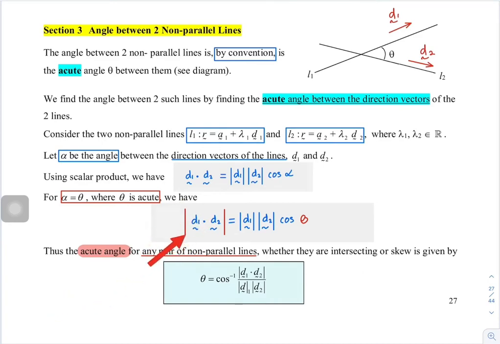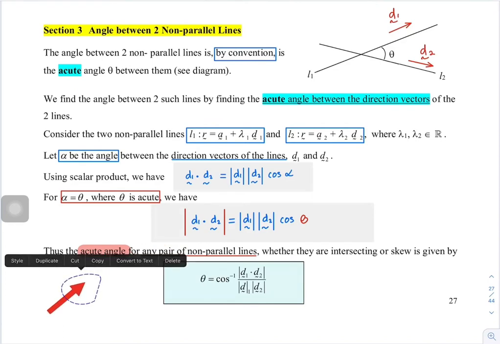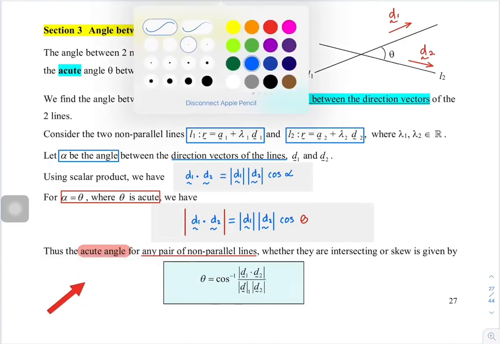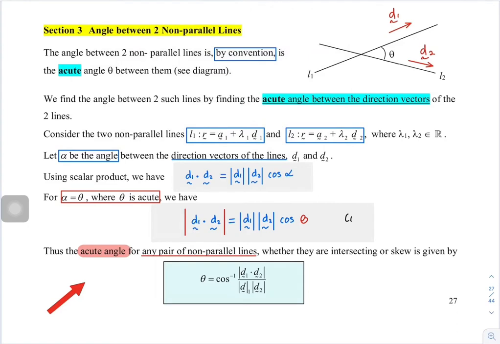So from here we can make cosine theta the subject, and we will obtain cosine theta equal to this portion divided by this portion.